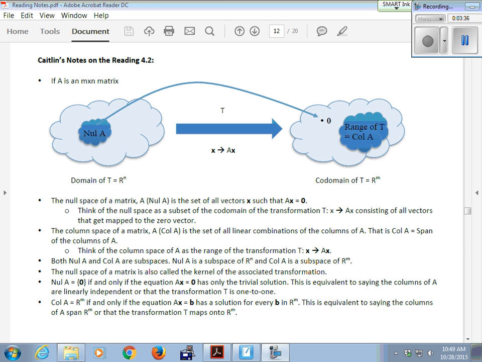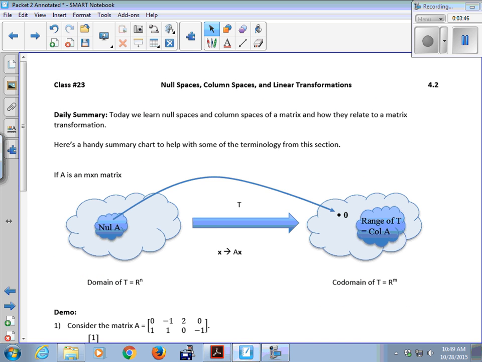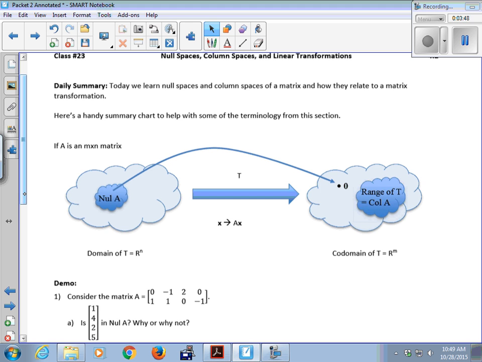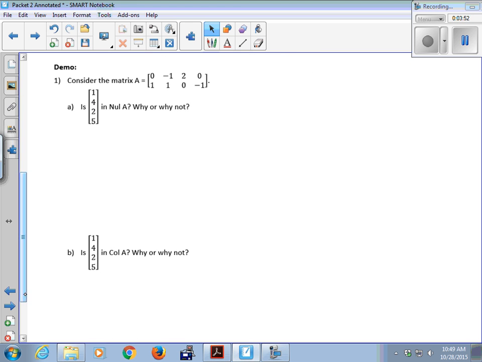So we now have a couple of new concepts that kind of mean the same thing as things we've been talking about all semester. Okay, so here's the summary chart in your packet again. So let's look at the demo.